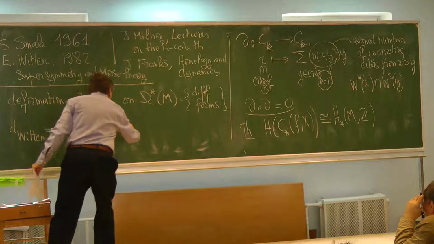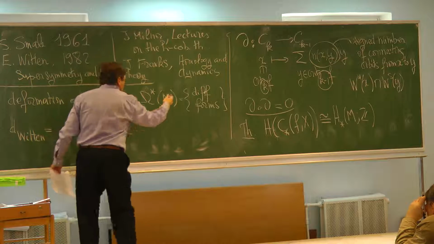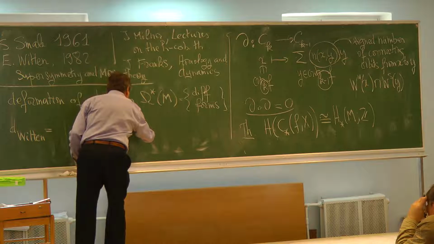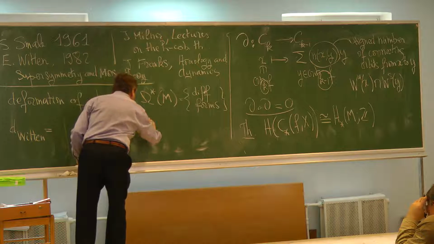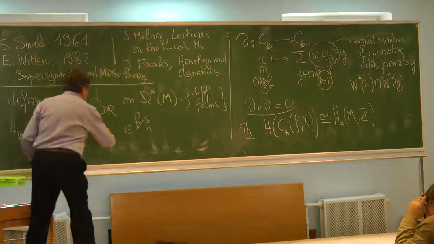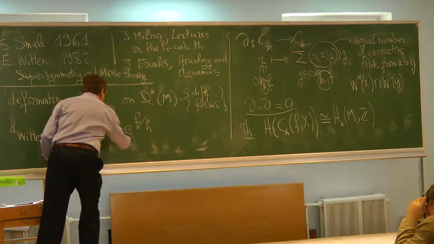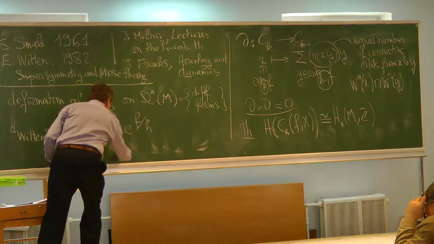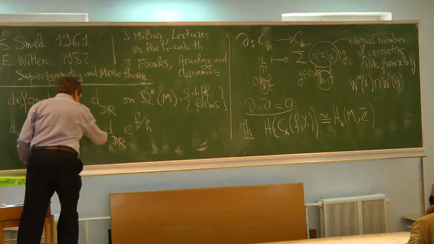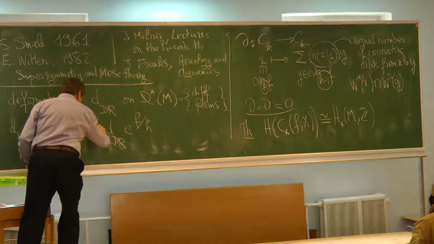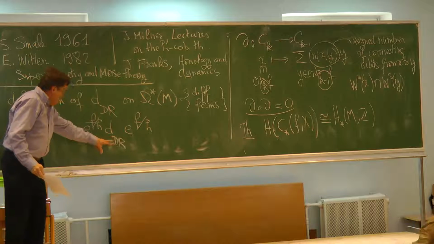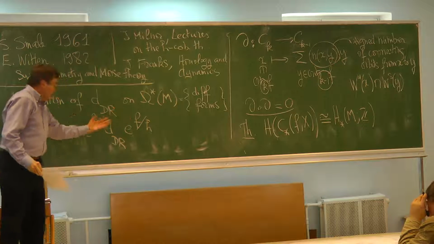You take your differential form, you multiply by the exponential of f divided by some constant h. Then you apply the de Rham differential. Then again multiplication by a function. So you take the de Rham differential and you make a conjugation by such a factor.